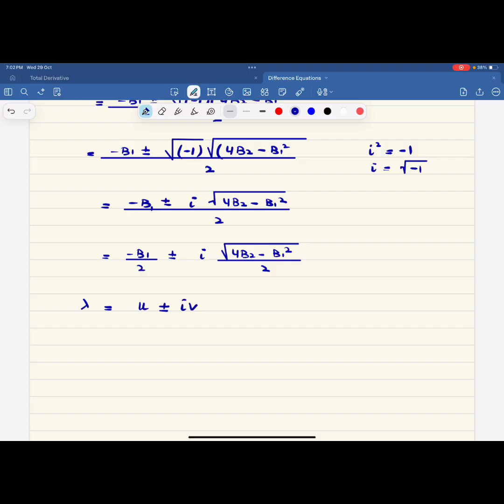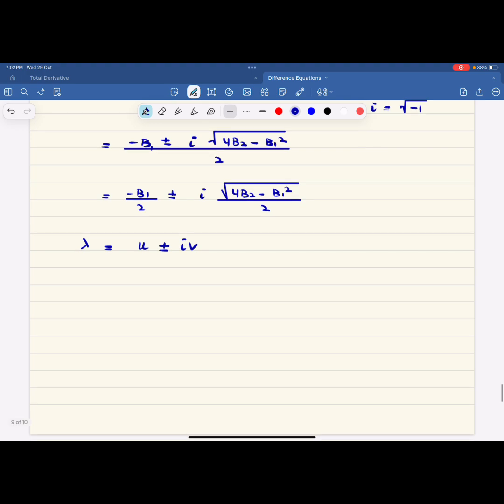I'm taking u and v to denote these constants. So what does this mean? My first root is u plus iv, and my second root is u minus iv.